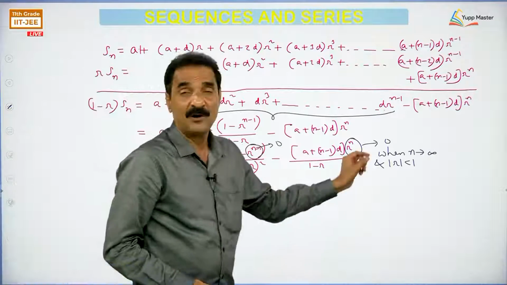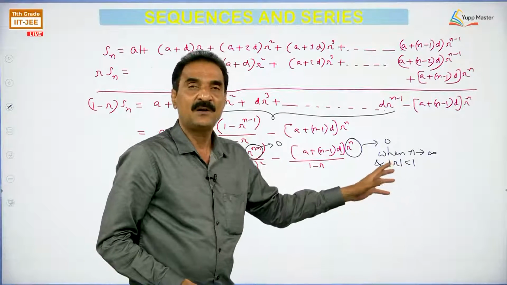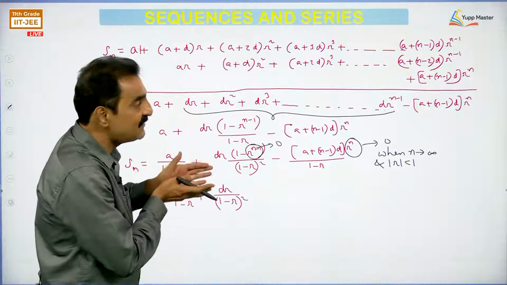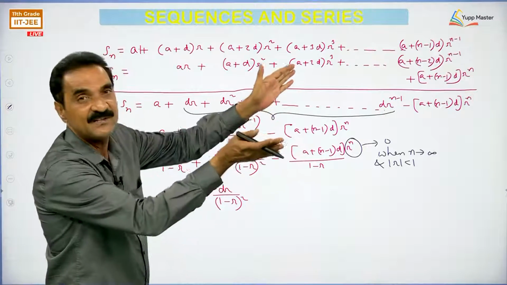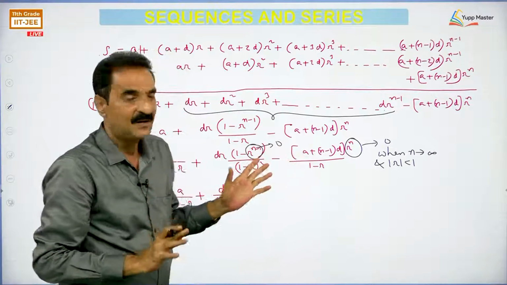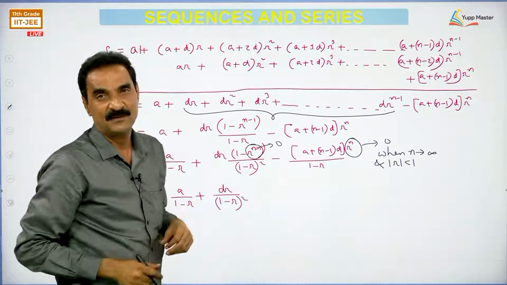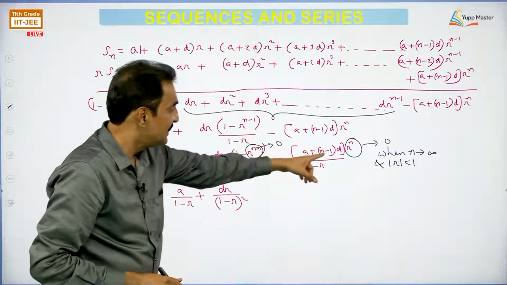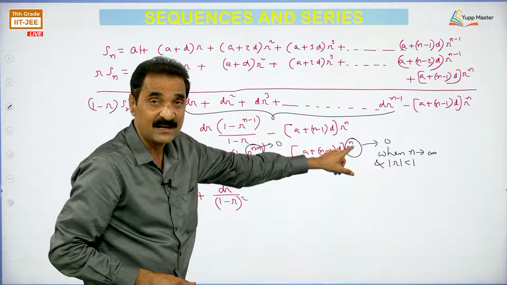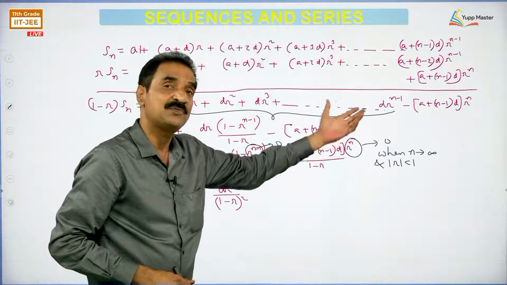But what if mod r is greater than 1? If mod r is greater than 1, the series will be divergent. Divergent means the values of the terms will be increasing, so the final term will be approaching infinity. You cannot find the sum. If n is approaching infinity and mod r is greater than 1, any number greater than 1 to the power infinity will be approaching infinity.